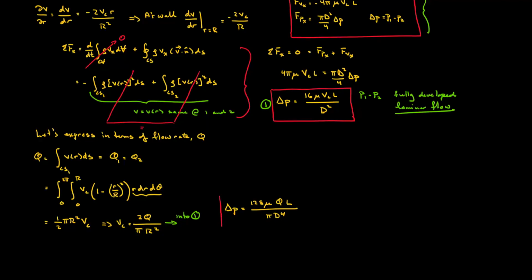This is the form for the pressure drop in a fully developed laminar flow that you will most often see. Again, this is P1 minus P2 for a fully developed laminar flow.